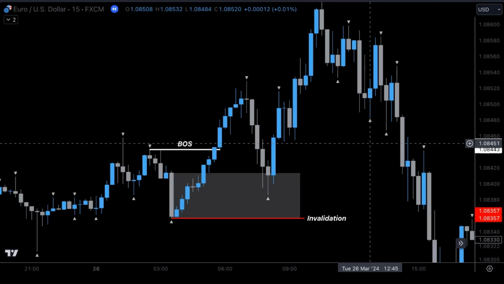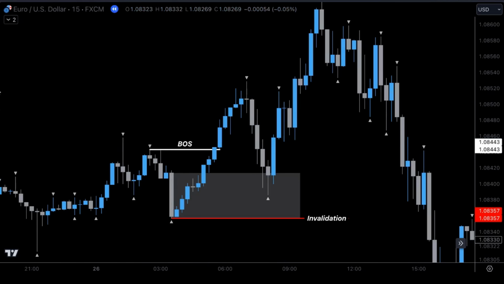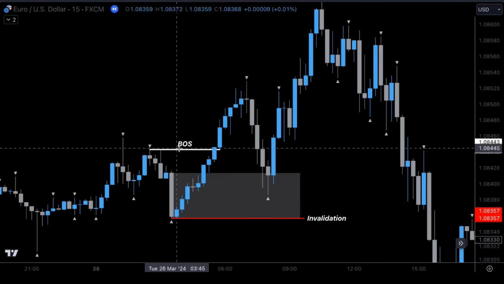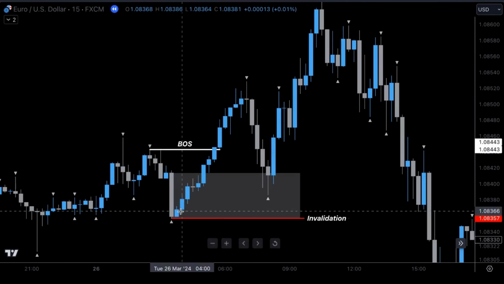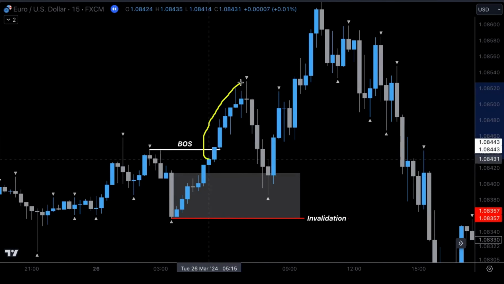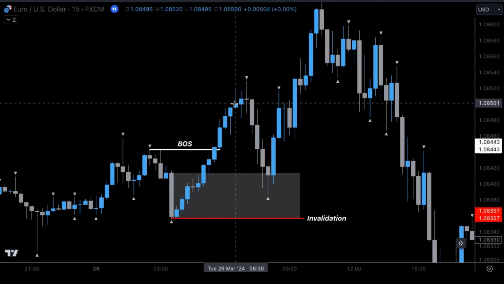Step number one, you need to identify a strong break of structure. What I mean by that is, you can see here we had this fractal high and we broke strongly above. You can see this price action here. We had a strong break above this fractal high, indicating strong bullish momentum.